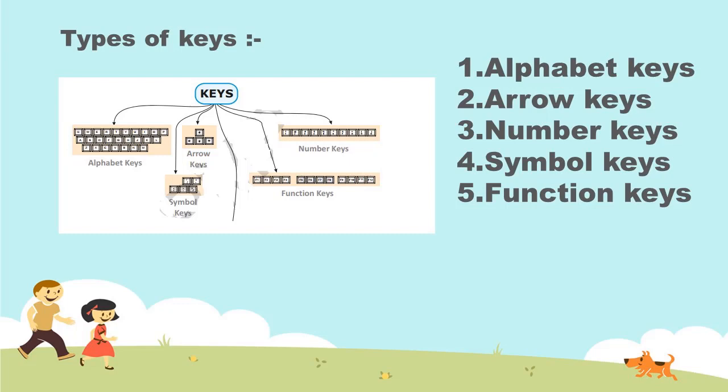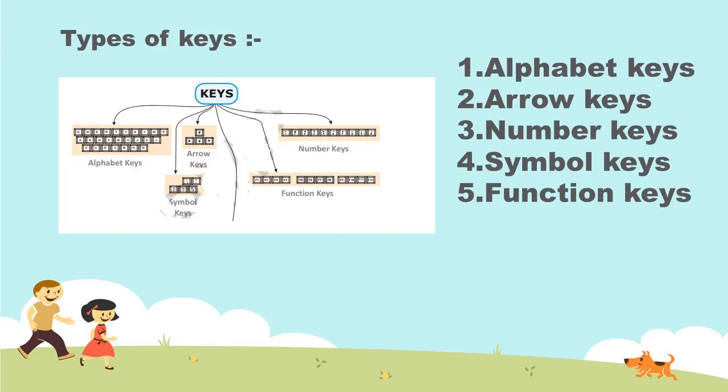Okay. Third is number keys, or we can say numeric keys. There are two sets of number keys present on the keyboard, on the right hand side and on the top of the alphabet keys. There are symbol keys also, like asterisk, hashtag and percentage.